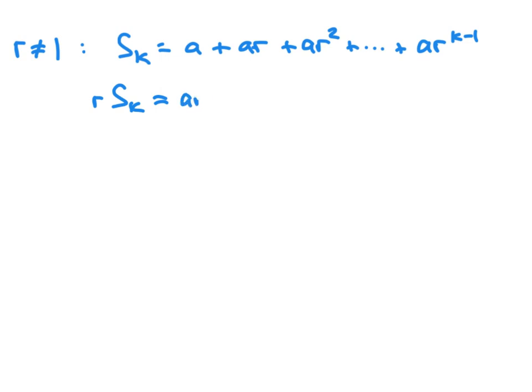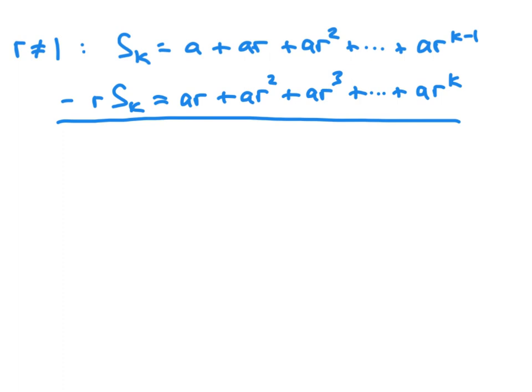And so we obtain ar plus ar times r, which is ar squared, plus ar squared times r, which will be ar cubed, all the way up to our final term, which will be a times r to the k minus 1 times r, which will be a times r to the k. So effectively, all we've done by multiplying our sum by r is increase the exponent of r by 1 in each term. We're now going to subtract these two equations.